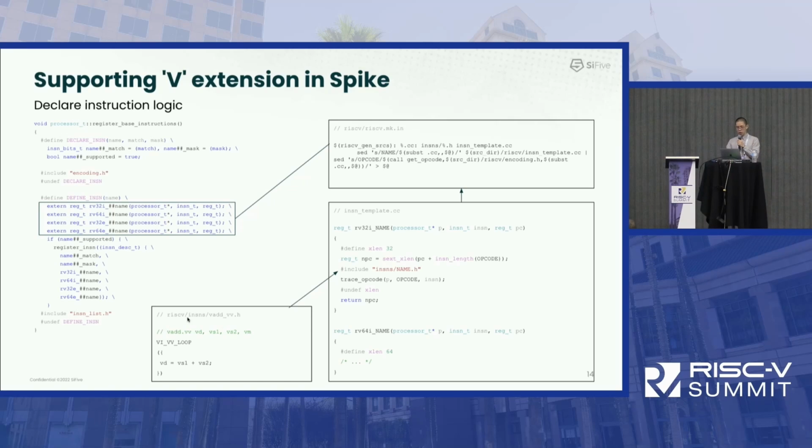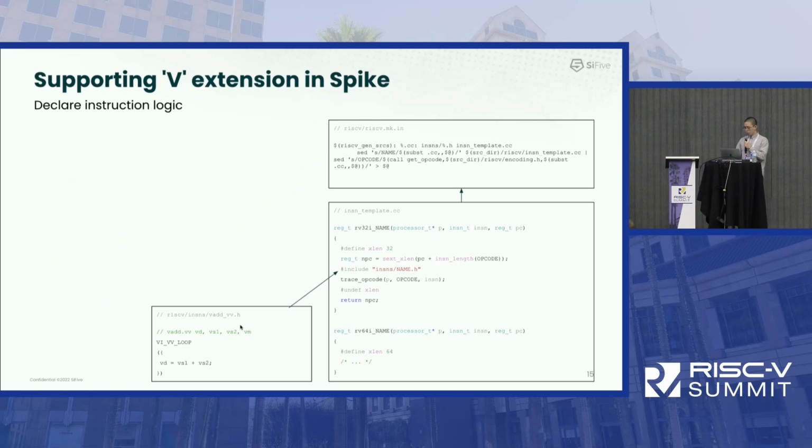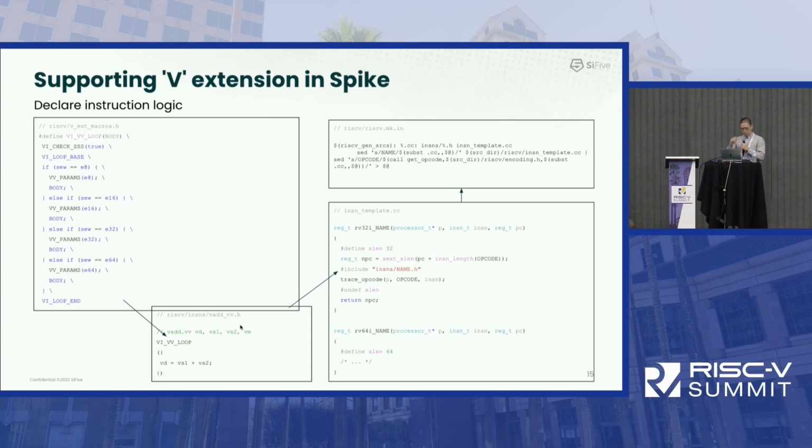And here you can find it, here would be the file hierarchy. Okay. Well, furthermore, we can look into the computation logic header of the vector addition. The macros are extended through the vext_macros.h header.